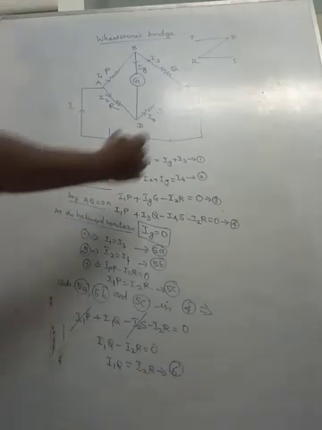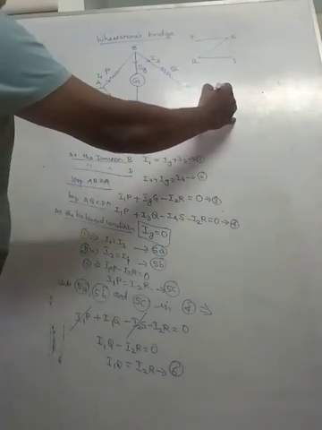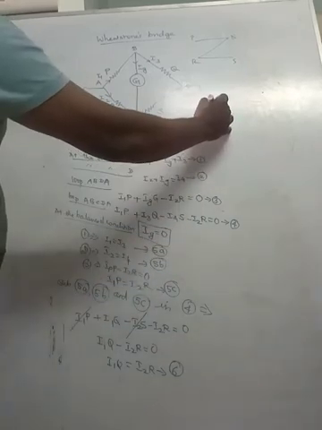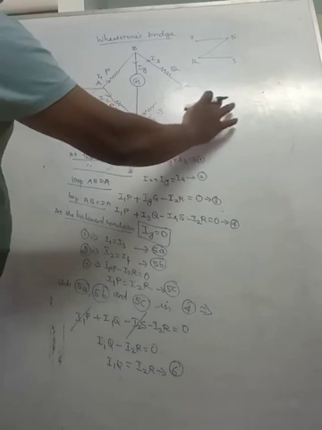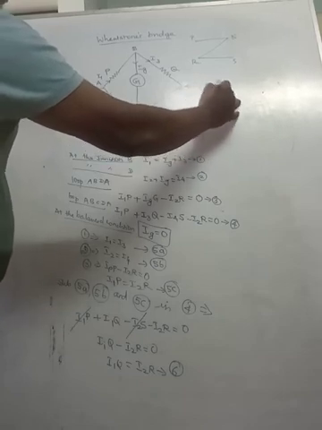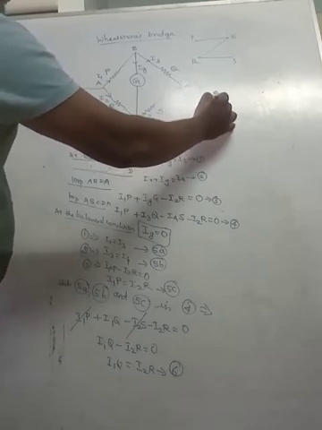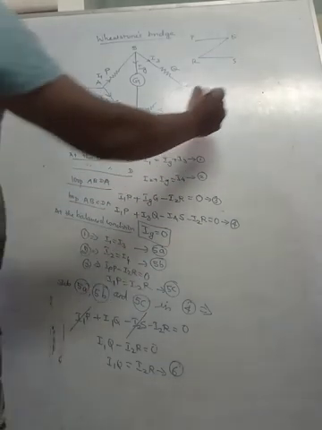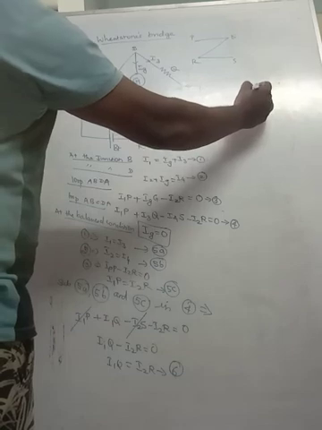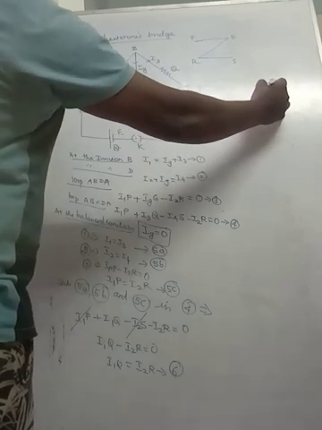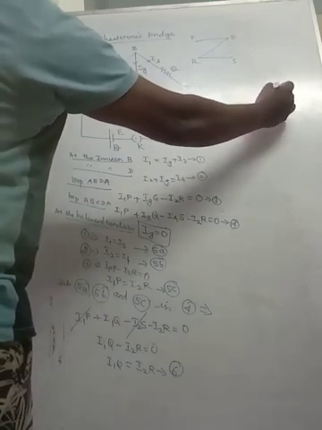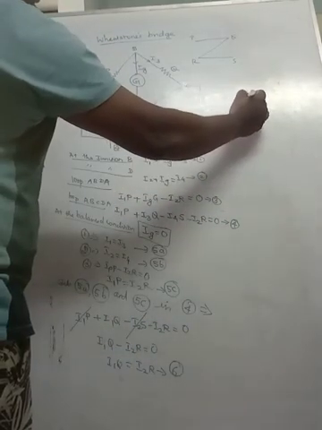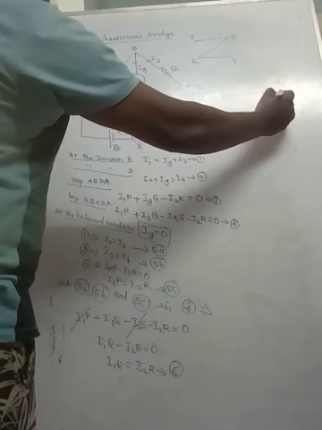Okay. Now what am I going to do? Equation 5C divided by equation 6. That means I1P equal to I2R, and here I1Q equal to I2S.